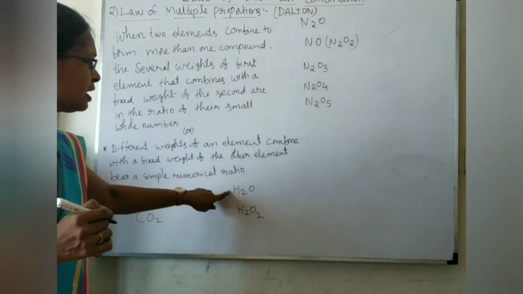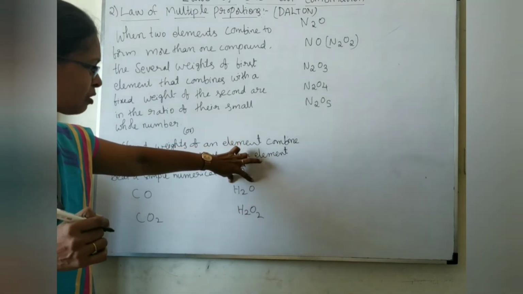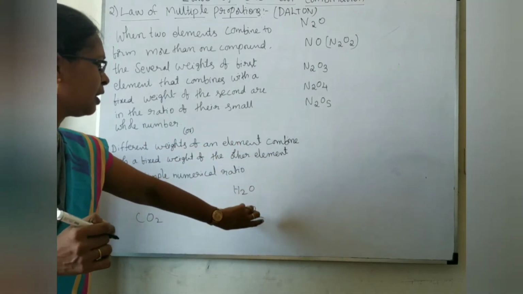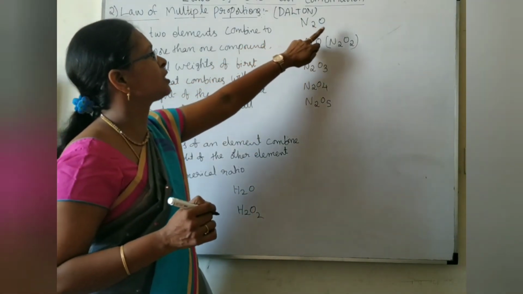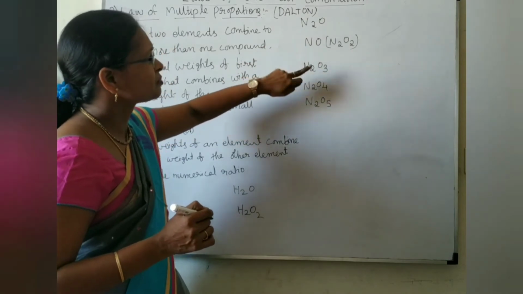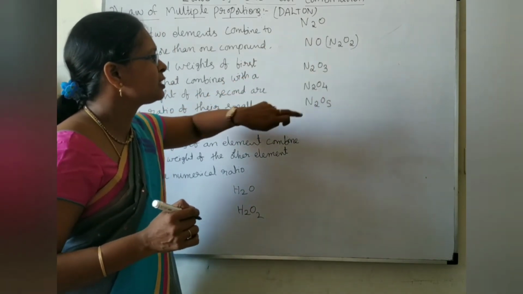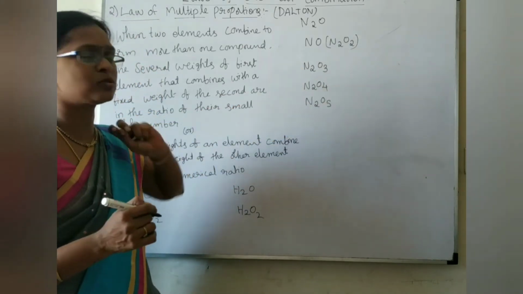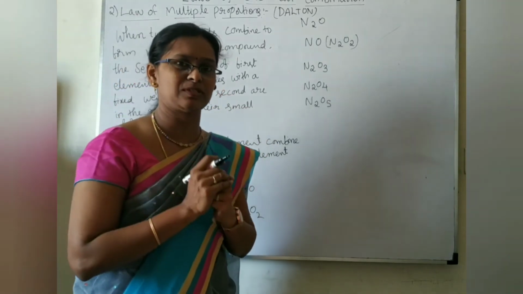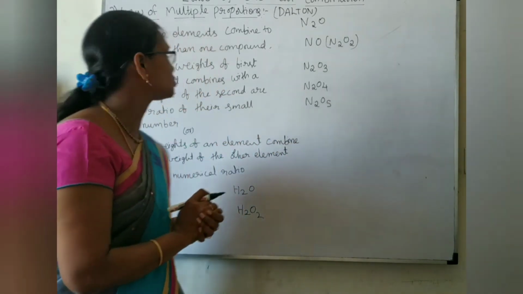Even the same thing, hydrogen and oxygen, only two elements are involved. But water molecule and hydrogen peroxide, like this. Even nitrogen dioxide, nitrous oxide, dinitrogen trioxide, dinitrogen tetroxide, dinitrogen pentoxide, like these compounds. The same two elements are involved to form different compounds.